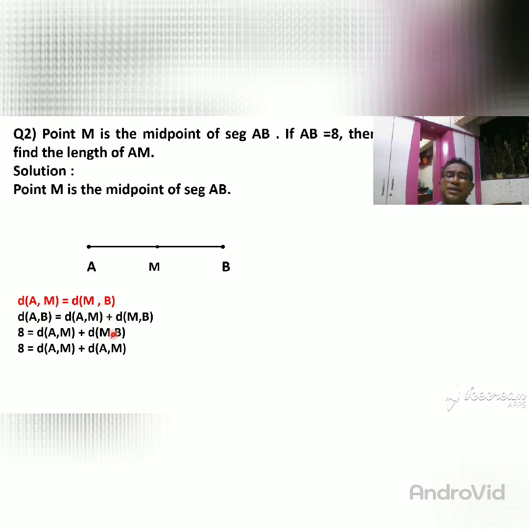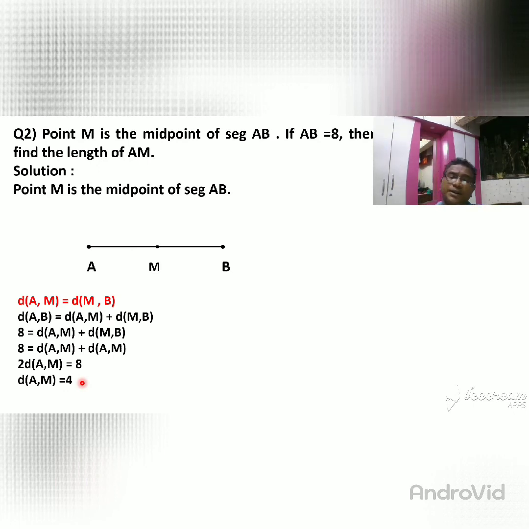So instead of MB, we can write AM here. Why do we write AM here? Because AM and MB are congruent. So you write AM. So the distance AM plus the distance AM, how many do you get? 2. So 2 times the distance AM is equal to 8. 2 is multiplied, so go across and divide. So the distance A comma M, 2 divide 8, 2 fours are 8. So the distance AM is equal to 4.